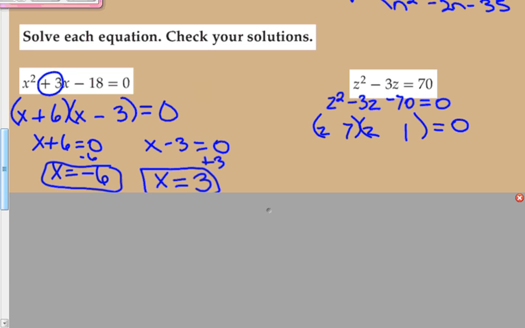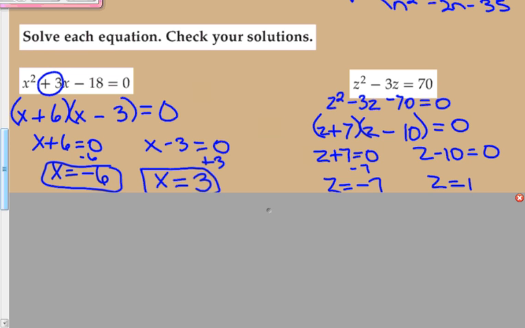So put 7 and 10 down. Since our middle term's negative, the bigger number will be negative, smaller number positive. And we'll set each of these binomials equal to 0. z plus 7 equals 0, and z minus 10 equals 0. And we'll subtract our 7 away. So z could be a negative 7, or z can be a positive 10. Those are your two solutions.